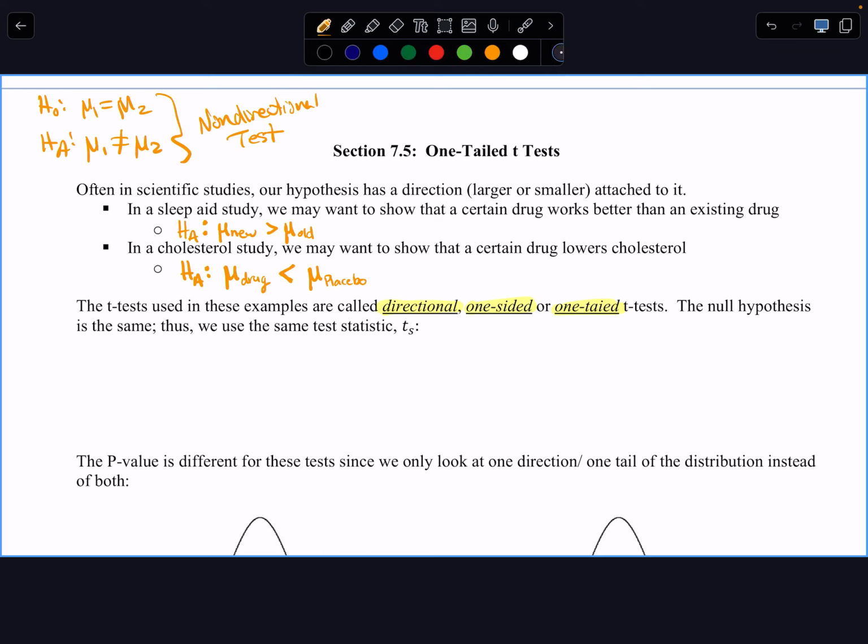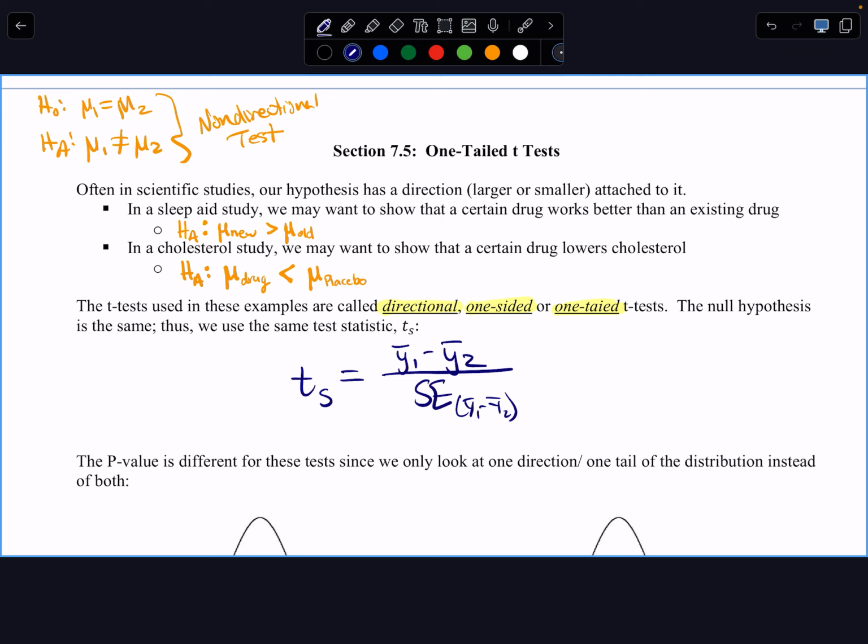And just as a review, remember our test statistic was y bar 1 minus y bar 2 divided by the standard error of the sampling distribution of the sample mean, right? Or the difference in those sample means. So we have the same exact test statistic.